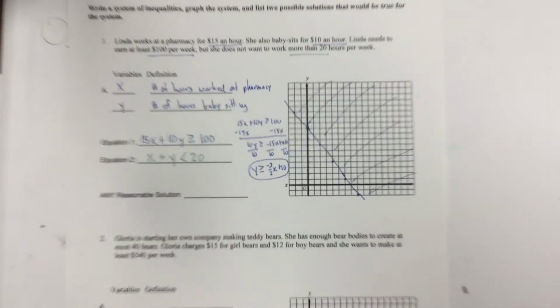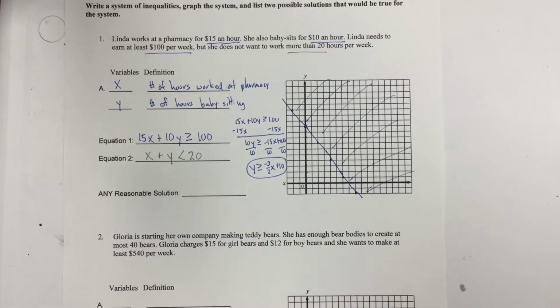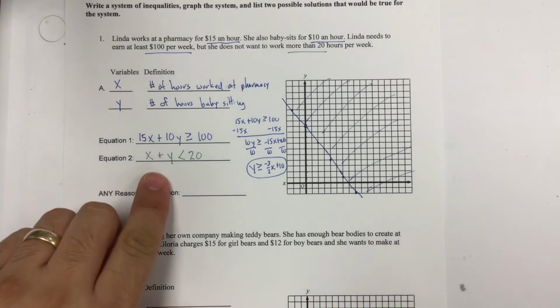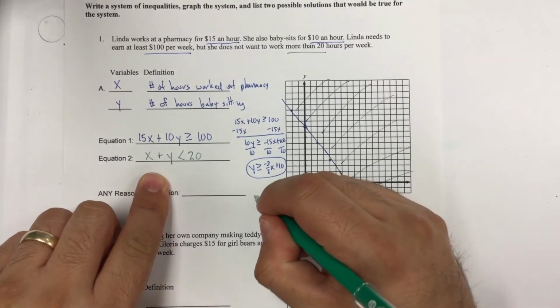All right, for the next one, it says, but she does not want to work more than 20 hours per week. So her hours combined need to be less than 20. So here, this one's a pretty easy one to solve.